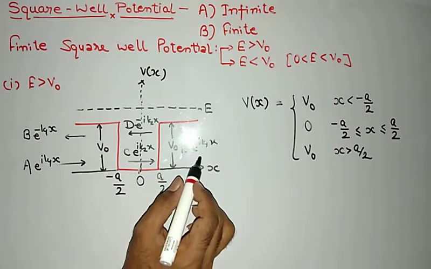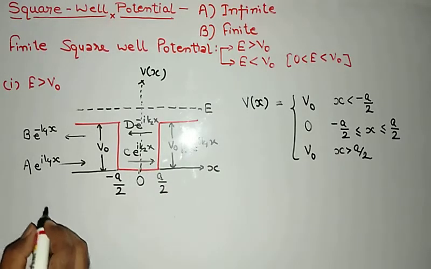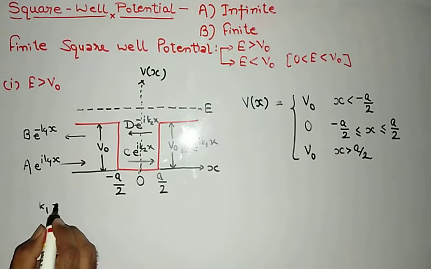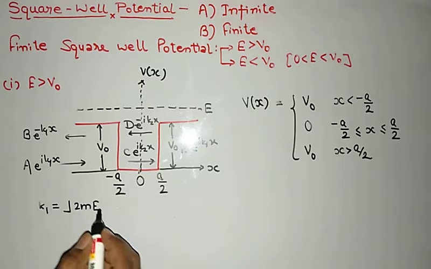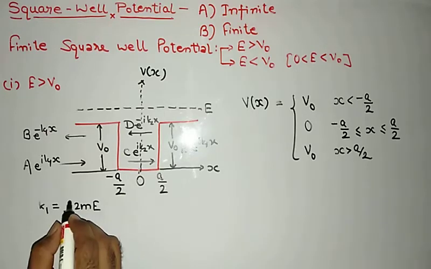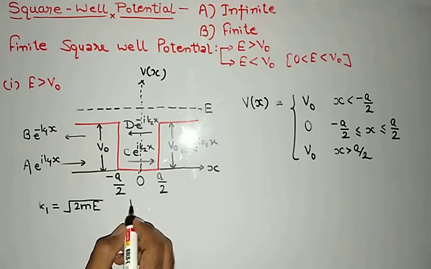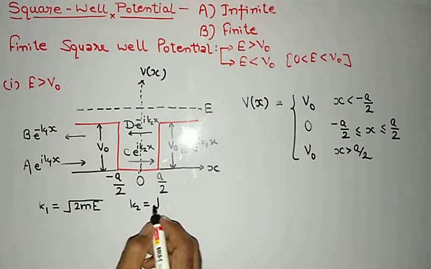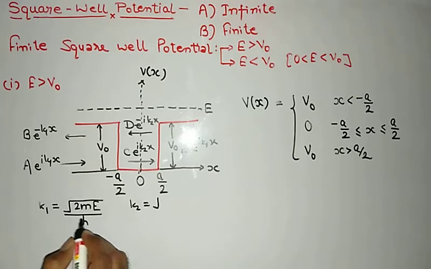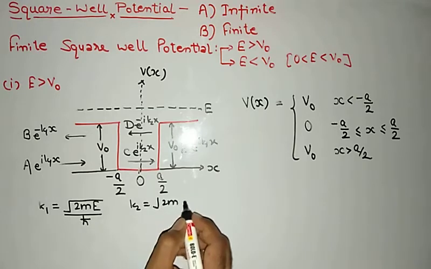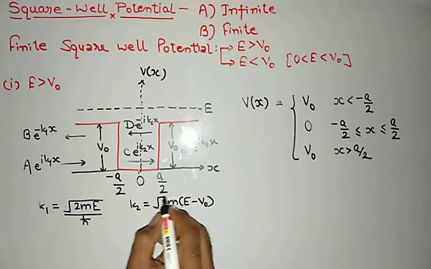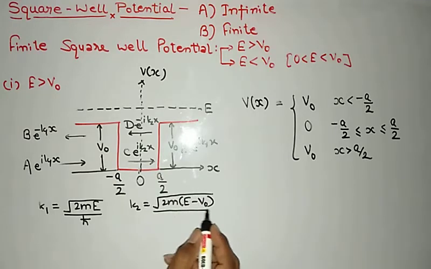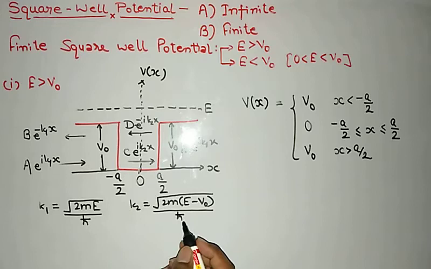Why k1? Because the value of k1 is equal to under root 2mE upon h cut, and the value of k2 is under root 2m(E minus V naught) upon h cut.